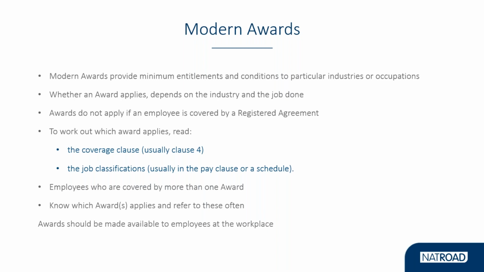Awards that have existed for many years, but as part of the movement to the Fair Work Act, all the thousands of awards that did exist prior to award modernisation were completely reviewed as part of the award modernisation process with the implementation of the Fair Work Act, and it ended up with 122 awards, replacing all the awards that existed prior to that time. Hence the term modern awards, because it was part of the award modernisation process which these awards came from.